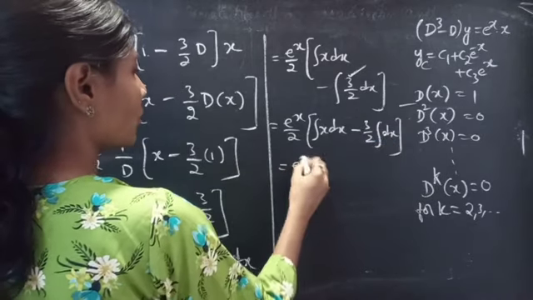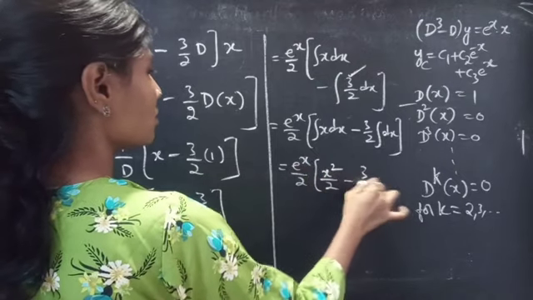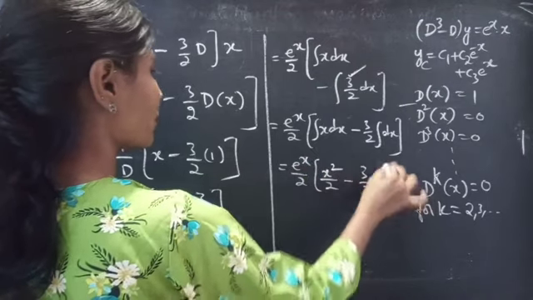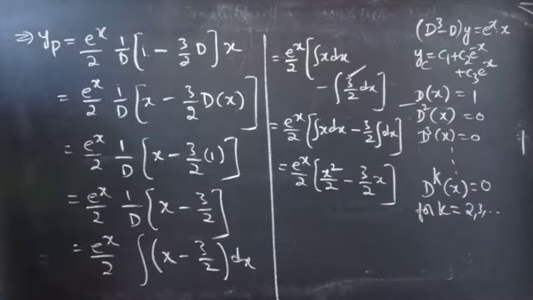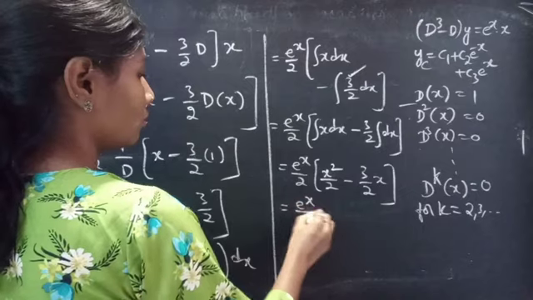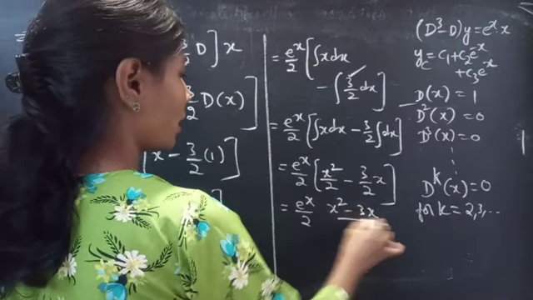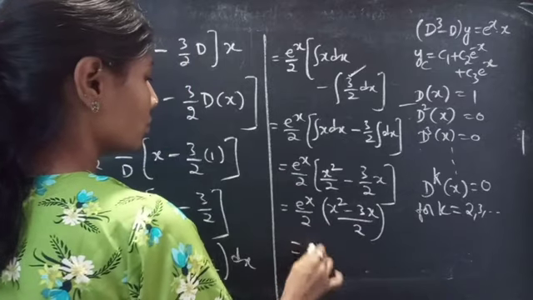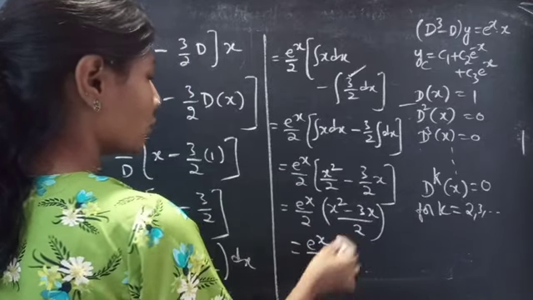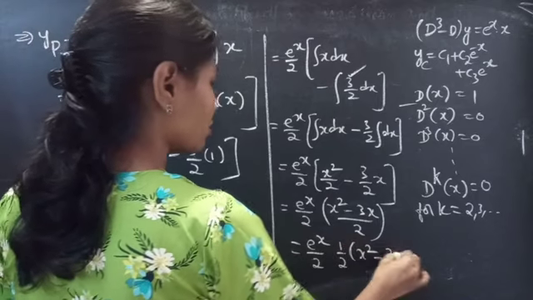This becomes e^(x/2) · [x²/2 − (3/2)·x], since ∫dx is x. We can write this as (x² − 3x)/2, which equals e^(x/2) · (1/2)(x² − 3x).